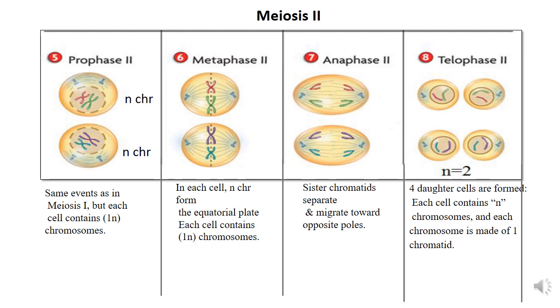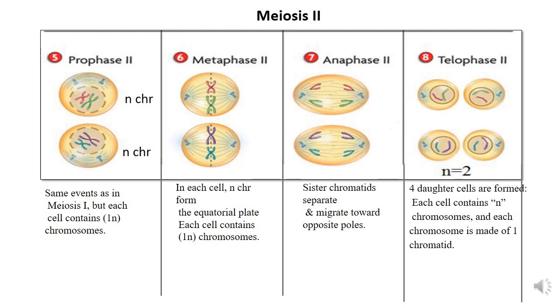Finally, in telophase II, every cell in anaphase II is going to start cytokinesis, division of the cytoplasm, to give 2 daughter cells. So as a result, we have 4 daughter cells, each with N chromosomes, but this time the chromosome is of 1 chromatid.